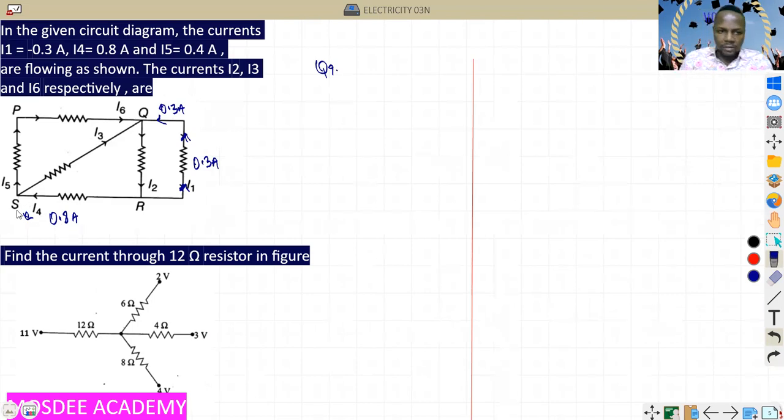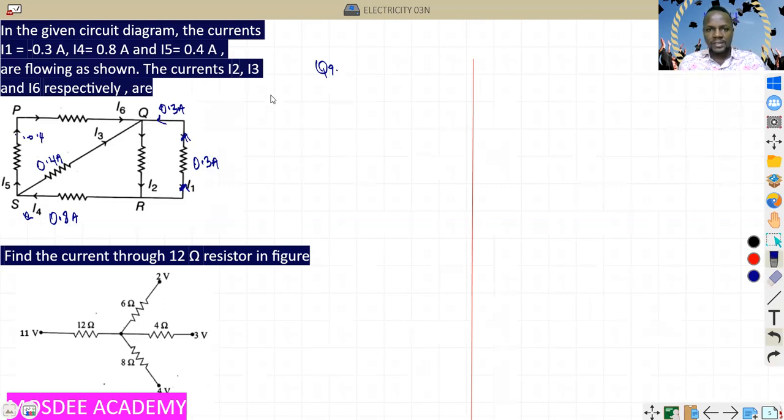If the current flowing from here is 0.8 amps, and the one coming here is 0.4, that means it has been divided. That means 0.8 minus 0.4, so 0.4 will enter here. Then the 0.4 will continue to move here. So be careful about all these in place. 0.4 will come to this place.